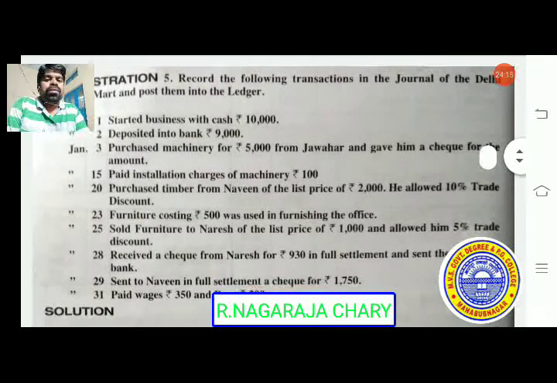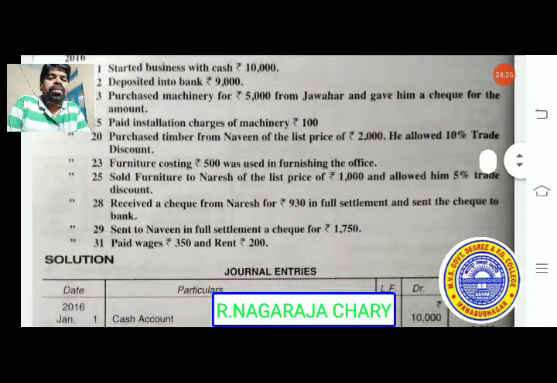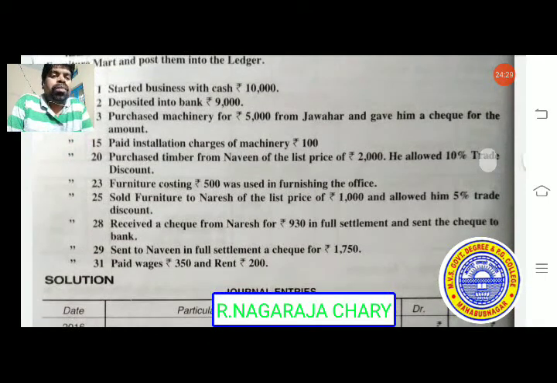On 25th, sold furniture to Naresh of the list price of rupees 1000 and allowed him 5% trade discount. On 28th, received a check from Naresh for rupees 930 in full settlement and sent the check to bank. On 29th, sent to Naveen a check for 1750 in full settlement. On 31st, paid wages rupees 350 and rent 200 rupees.